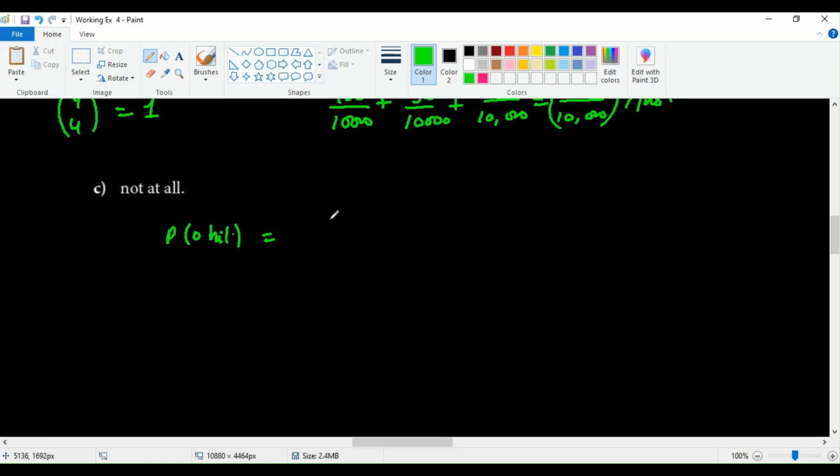So it's going to be 9 over 10 power 4, and since it is 4, we simplify this to give us 6561 over 10,000. Or we can simply say 9 over 10 to the power of 4. This is going to be the final answer for this part of the question.